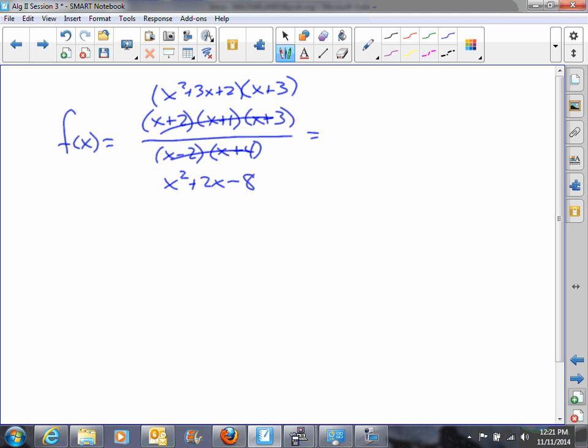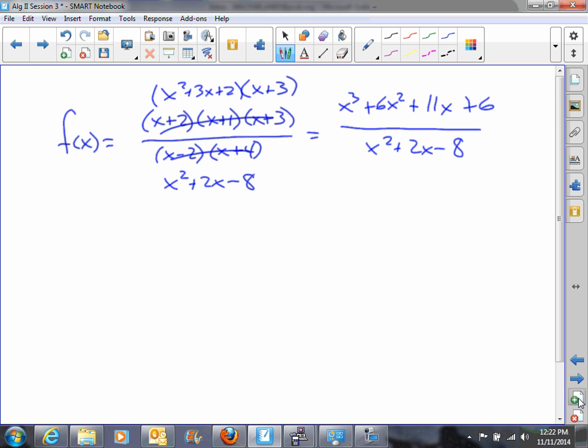And that becomes x cubed, now, I have 3x squared plus 3x squared, that's 6x squared, plus, now, I have 2x plus 9x, that's 11x, and then I have plus 6 over x squared plus 2x minus 8. Okay, so here we go. We now have a situation where the degree of the numerator is 1 more than the degree of the denominator.